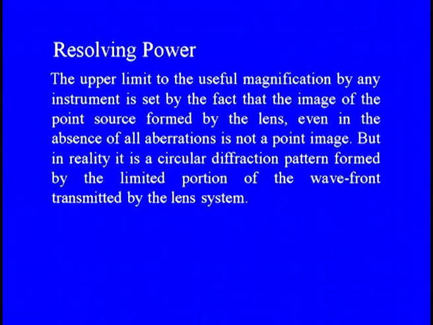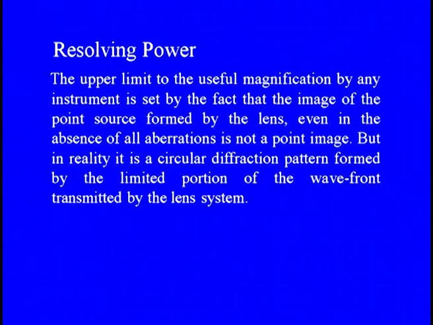The upper limit to the useful magnification of any instrument is set by the fact that the image of a point source formed by the lens, even in the absence of all aberrations, is not a point image.